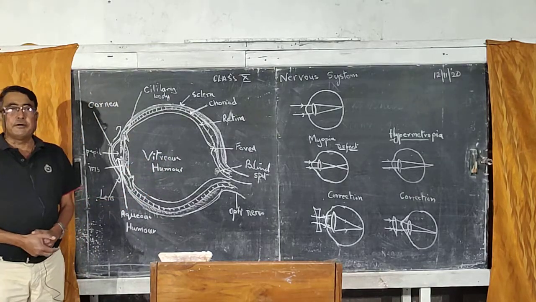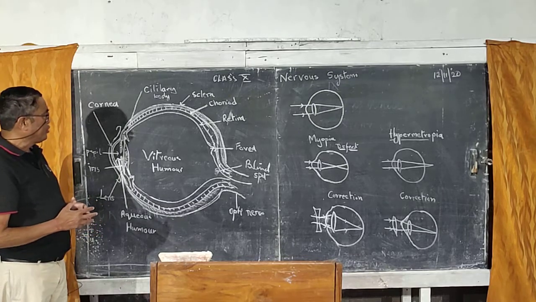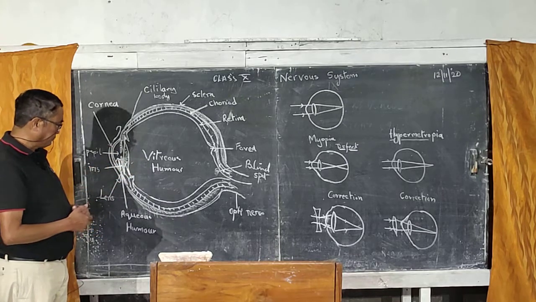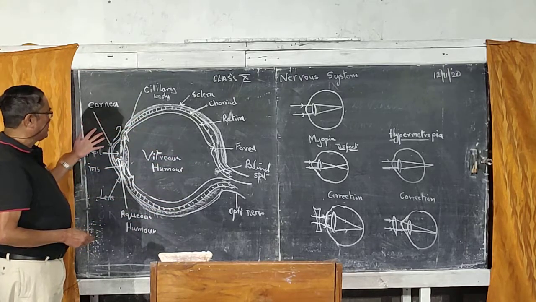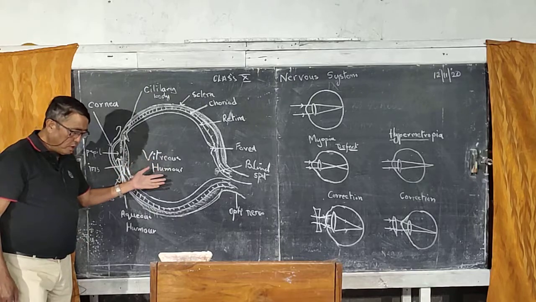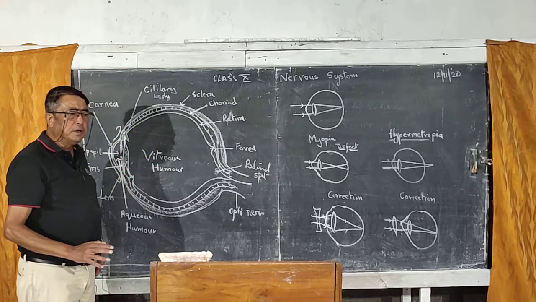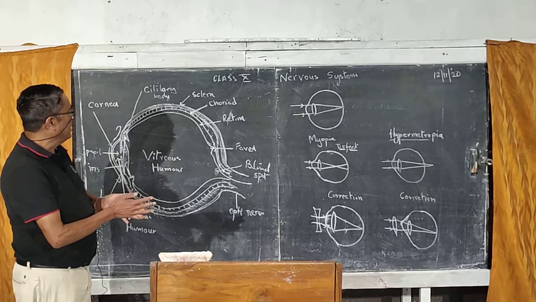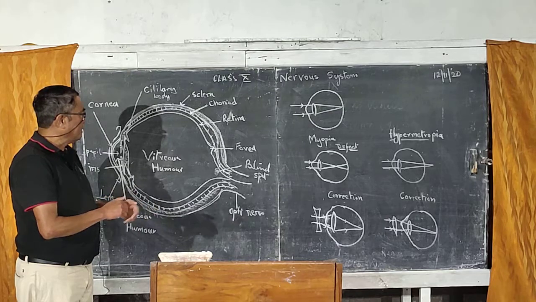It helps in the refraction of light and provides shape to the eyeball. So these are the different parts of the eye which you should know. You must know the parts and the function. And now two more terms concerned with the eye. Power of accommodation.